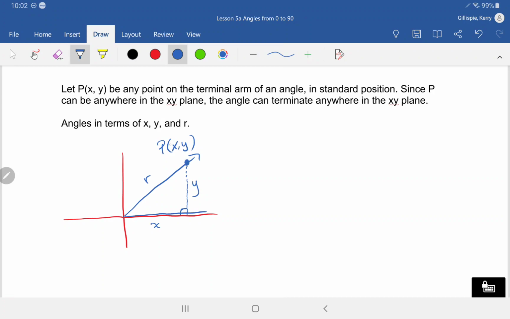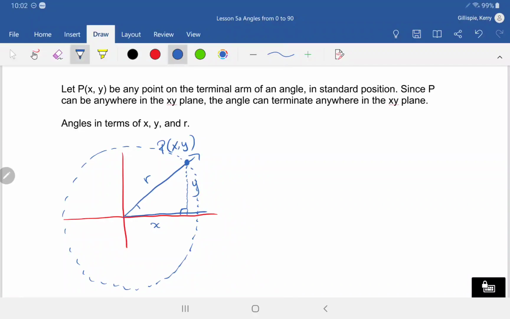The reason that's called radius is because if we imagine this angle opening up, it can open up all the way around, and it can swing around and create a full circle. So the hypotenuse of the triangle is also called the radius because there's an imaginary circle as this terminal arm swings around the entire Cartesian plane.